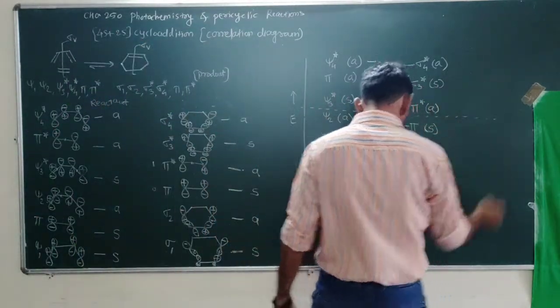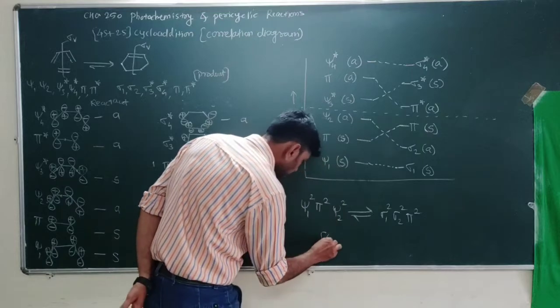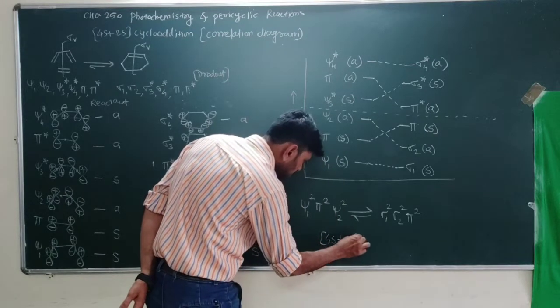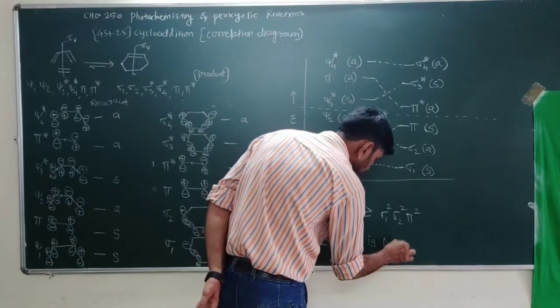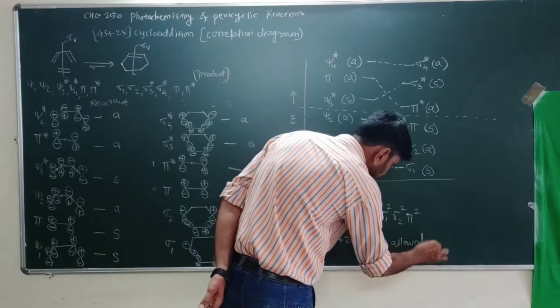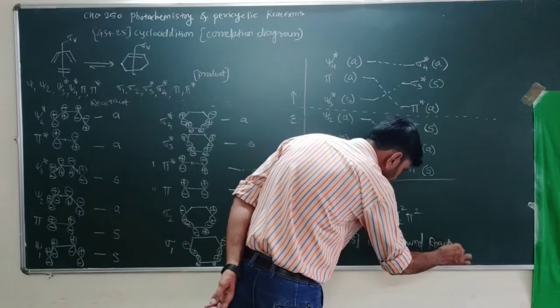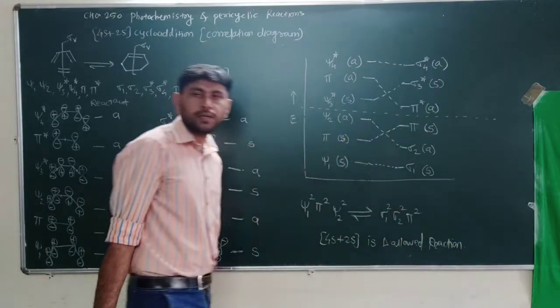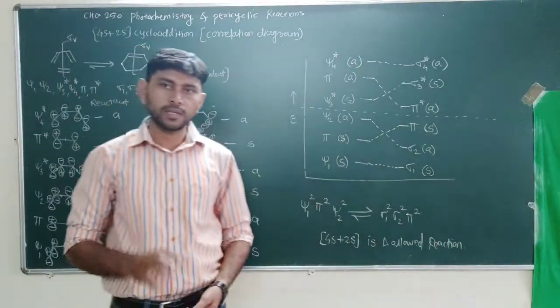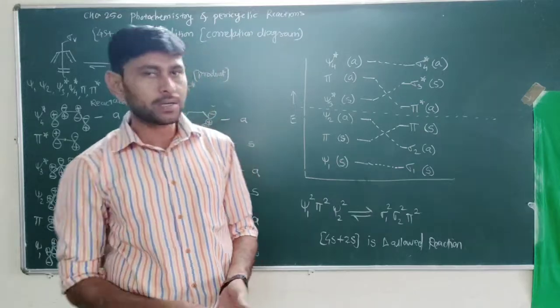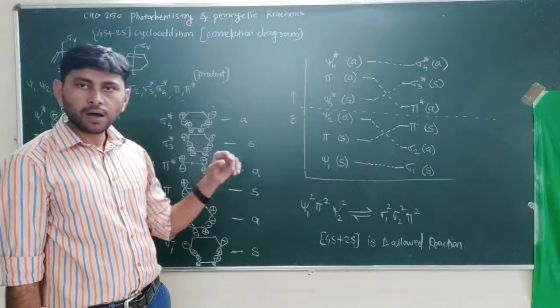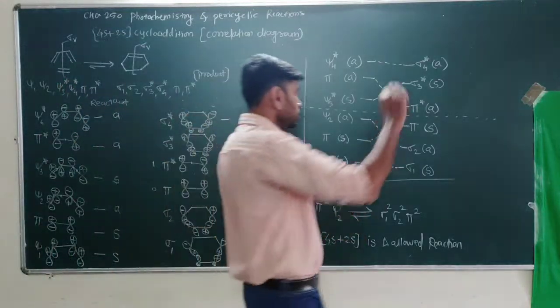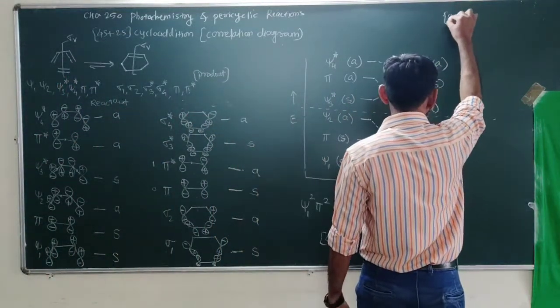So the 4s plus 2s cycloaddition reaction is thermally allowed. And the same result we obtained previously in the frontier molecular orbital method. In the FMO method we obtained the same result, that 4s plus 2s cycloaddition reactions are always thermally allowed. So from that we have chosen selection rules here.